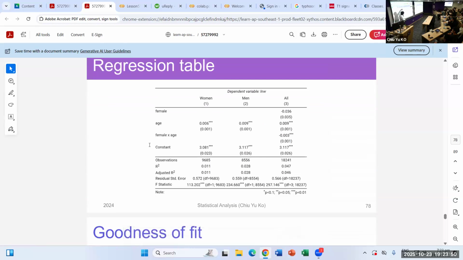Okay, for women, actually, your experience doesn't grow as fast as men. Okay, men, look at the wages. Experience goes faster for men than women.